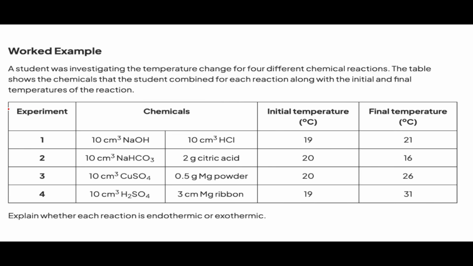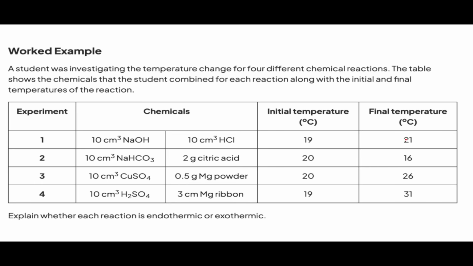Here, as we can see, we have 4 different experiments with 4 different chemical reactions. What we see here, the last 2 columns, are the initial temperature or starting temperature and the final temperature. As simple as that. They want us to explain which reaction is endothermic and exothermic. In another term, which reaction will release energy and which reaction needs to absorb energy. So if we look at the first one, we have 19 Celsius degrees, I mean the initial temperature, and the final was 21.